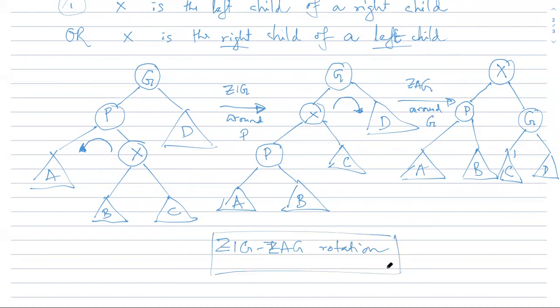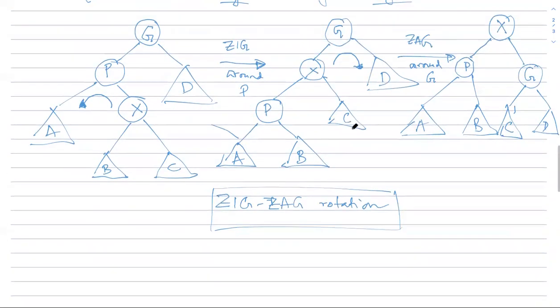Now you could imagine that symmetrically, if you had the node X as the left child of a right child, then the zigzag rotation would mean first a right rotation, probably we can say clockwise rotation, followed by an anti-clockwise or counterclockwise rotation around the grandparent. So zigzag is essentially pointing out that the two rotations are in opposite directions.